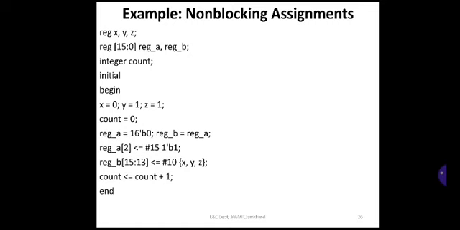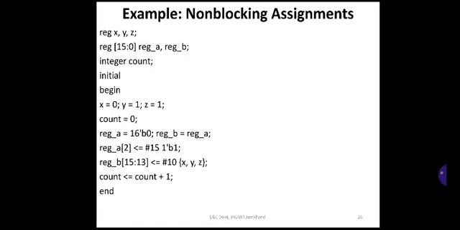Then the non-blocking assignment operator use will be described in an initial block. Initial is the start of the block, and begin and end are used to group the multiple statements. Now see here, x equal to 0, y equal to 1, z equal to 1.